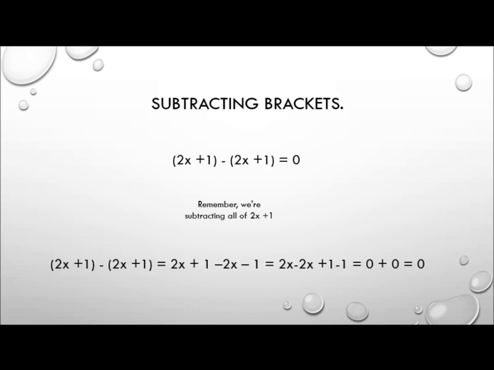Now if we just took 2x plus 1 minus 2x and then plus 1, we would end up with 2x minus 2x plus 1 plus 1, and we'd end up with 2, which obviously makes no sense. So we need to remember that we're subtracting the 2x term, but we're also subtracting the plus 1 term. So that plus 1 term becomes a minus 1.